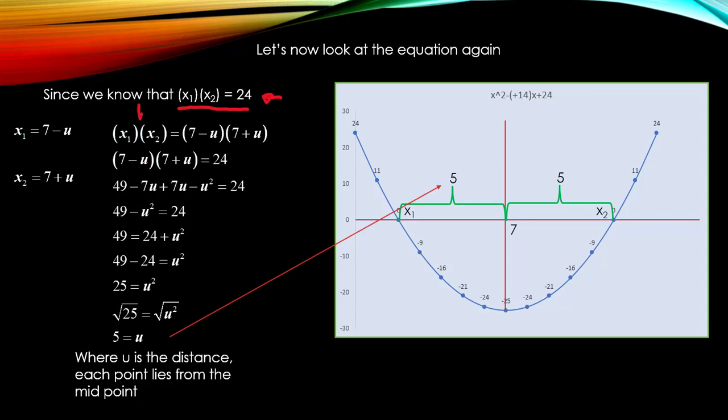Here we have x1 times x2. Here are the expressions that we developed for those. We know it equals 24. So whenever we do this step here, we'll wind up with an equation with a single unknown, where in this equation, x1 and x2 are both unknown.